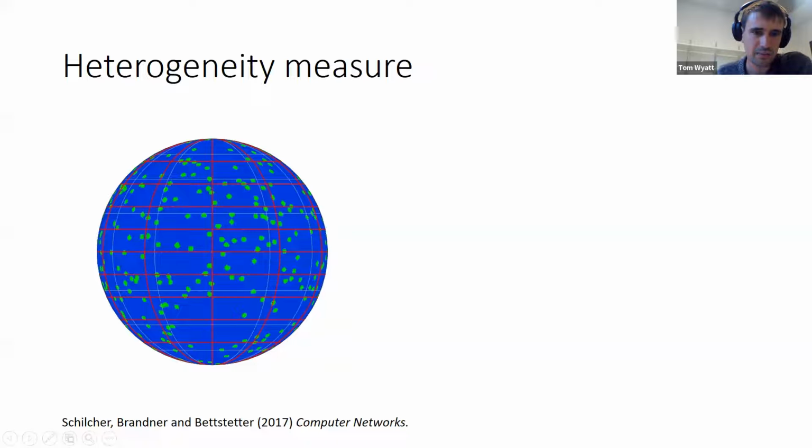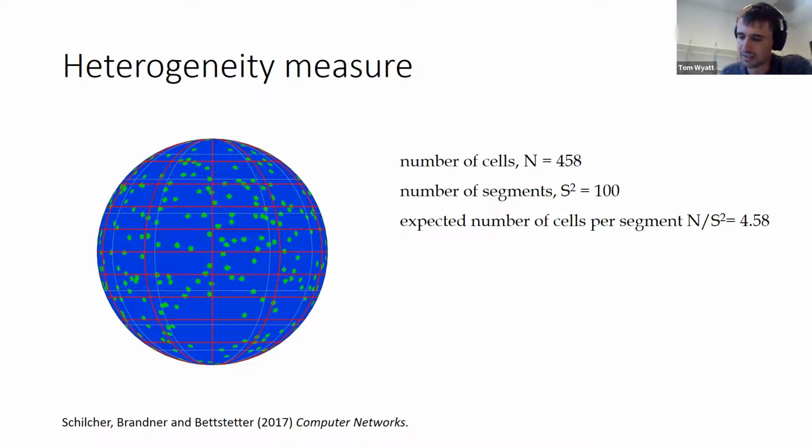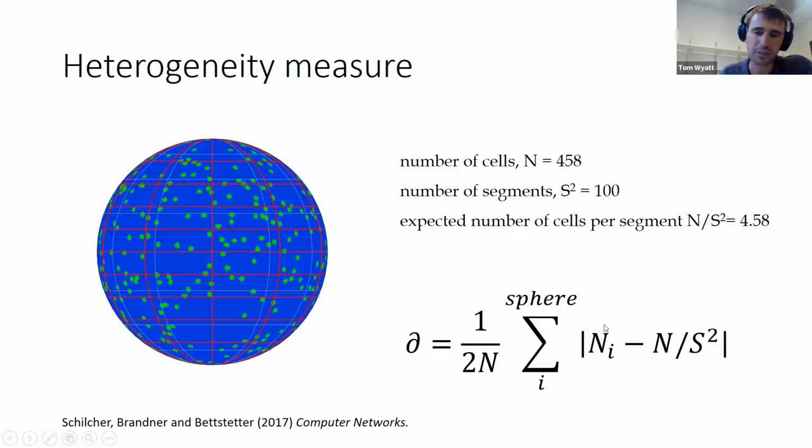And we take a simple measure from this paper here, where you cut up the surface of the sphere into sections of equal area. And then if they were homogeneously distributed, we'd know how many cells we'd expect in each of those segments. And then we can just sum up all of the differences of what we actually find in those segments and normalize.